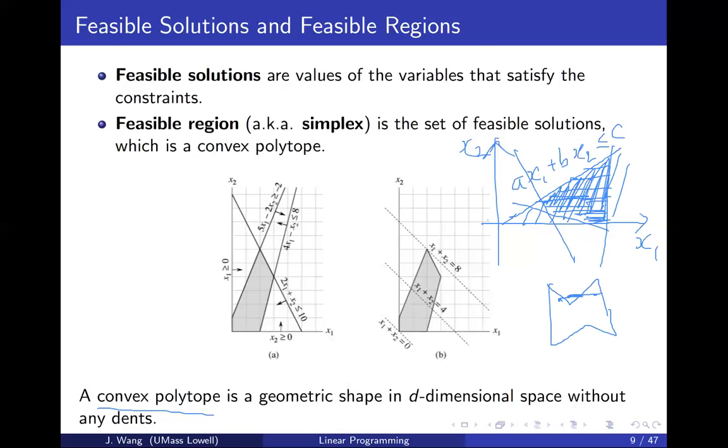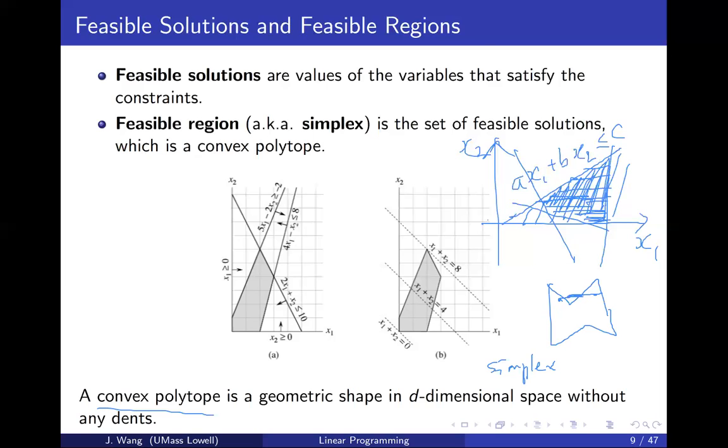So this is concave, so this is not convex. So sometimes they call it concave polytope. So a simplex is a geometric object which is a convex polytope.